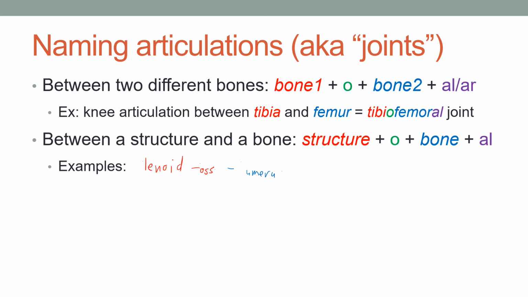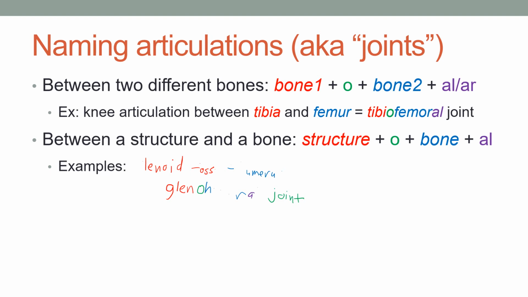So we stick that together and we get gleno-humeral, and then of course we add the word joint at the end: glenohumeral joint.